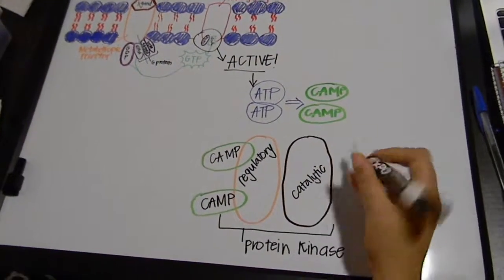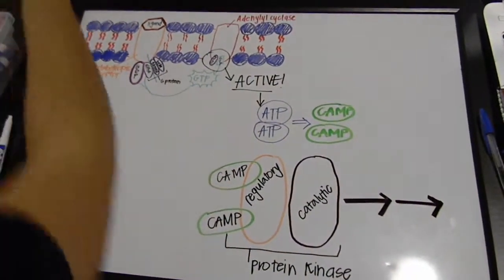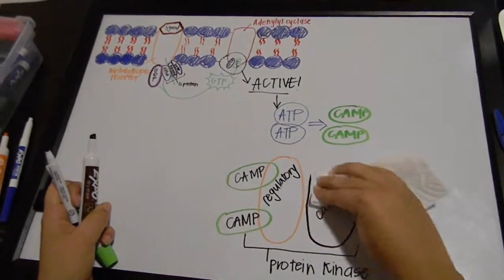The result of their binding is that the catalytic subunit becomes active and detaches. Then the ATP binds to this catalytic subunit.